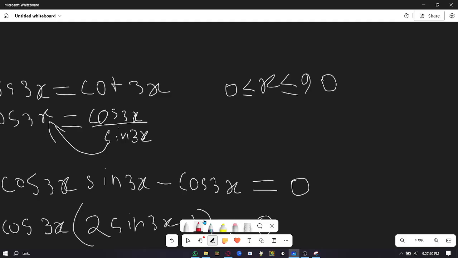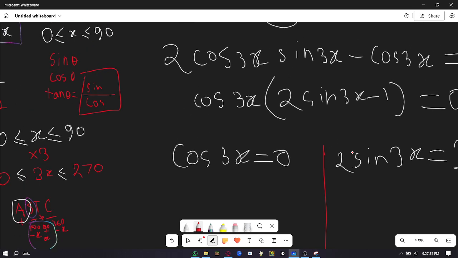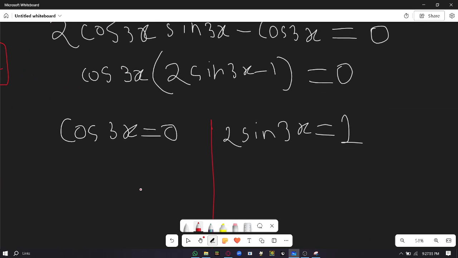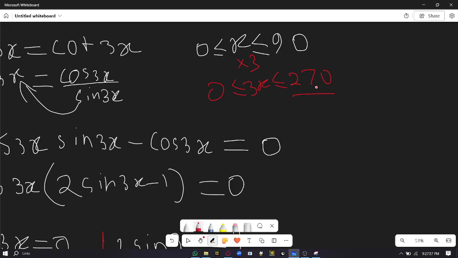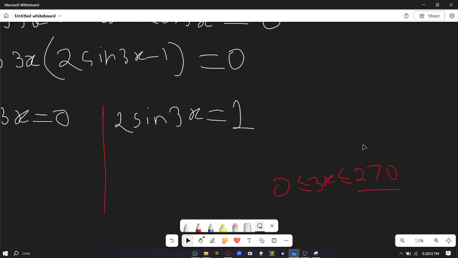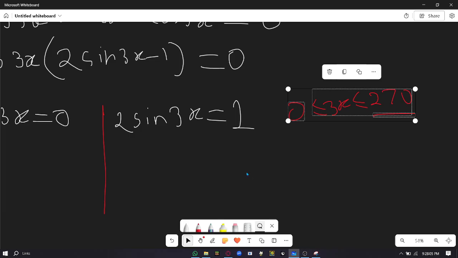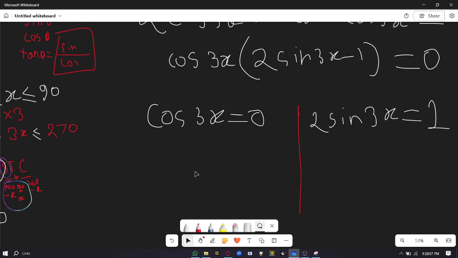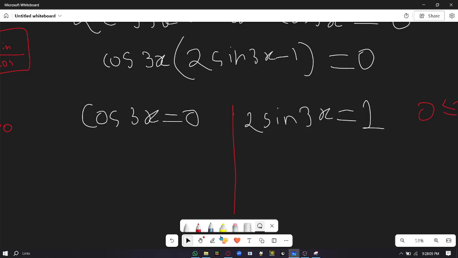So we multiplied with 3, and we have a range of 270. The important thing here is to bring this new range down and keep it right here. Now we are allowed to take the inverse.